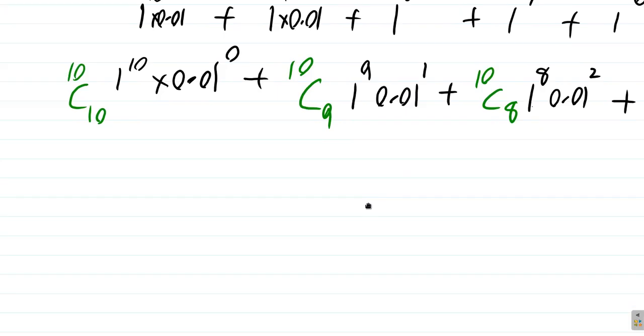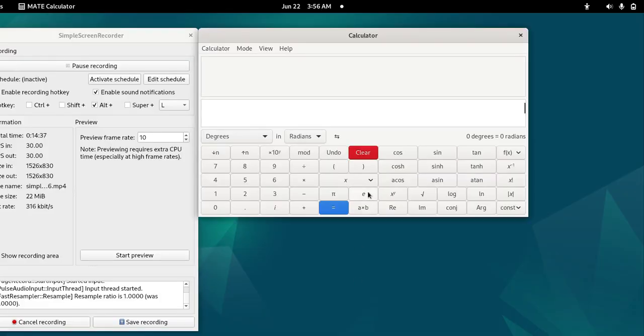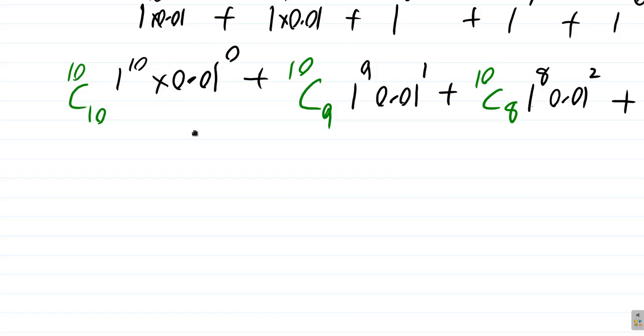Let me see if my calculator has a combination on it. No, my calculator doesn't have a combination on it. What I'm going to do is work it out offline using my calculator, and ensure you follow with yours.